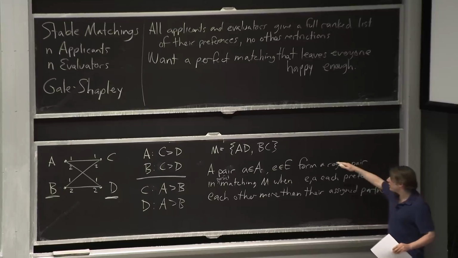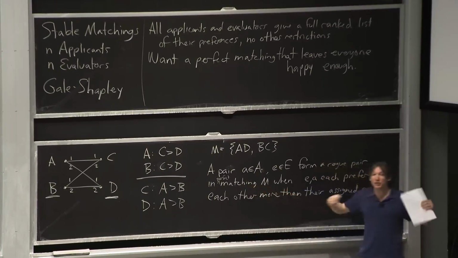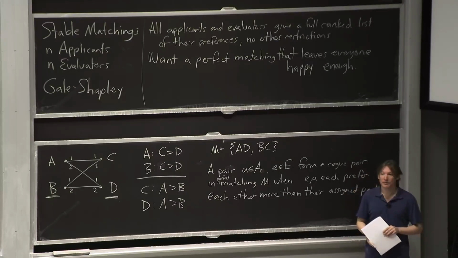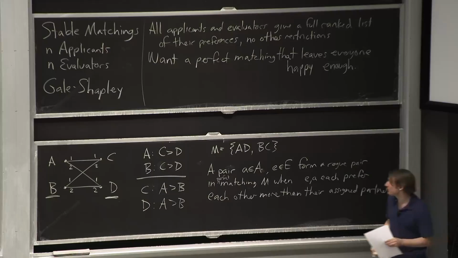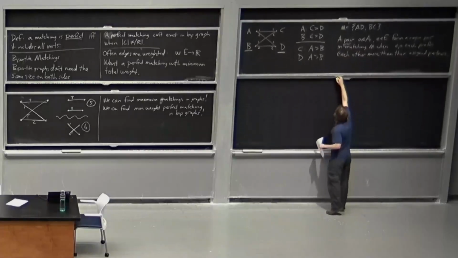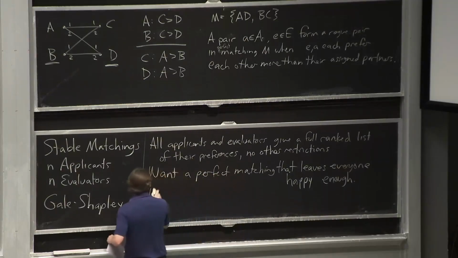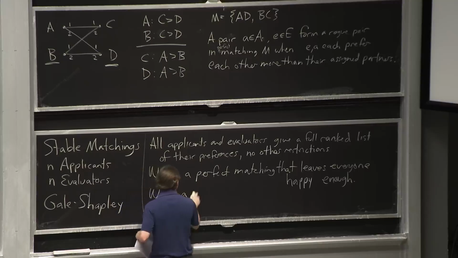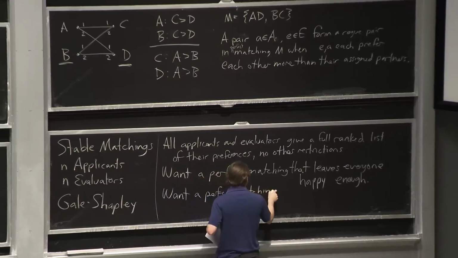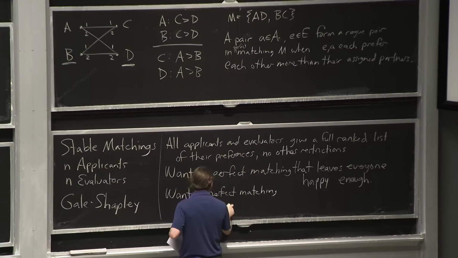All right, so a pair forms a rogue pair in some matching if they would each prefer each other than the partners they're assigned in that matching. And what we're going to look for, so the goal of this Gale-Shapley algorithm, we want a perfect matching with no rogue pairs.